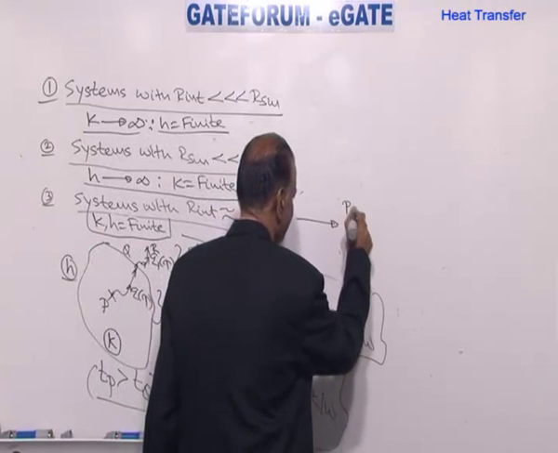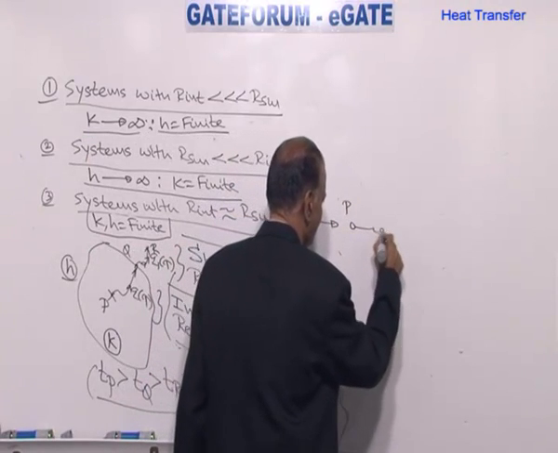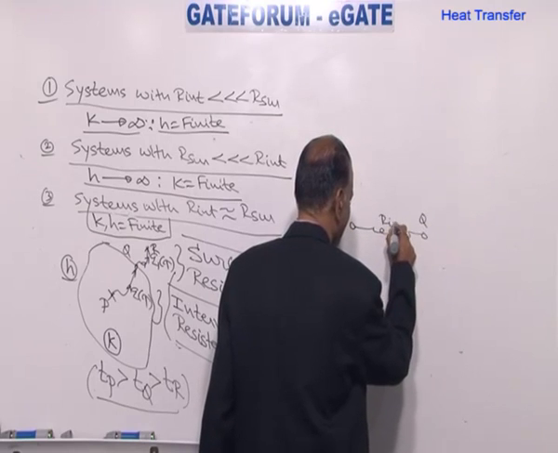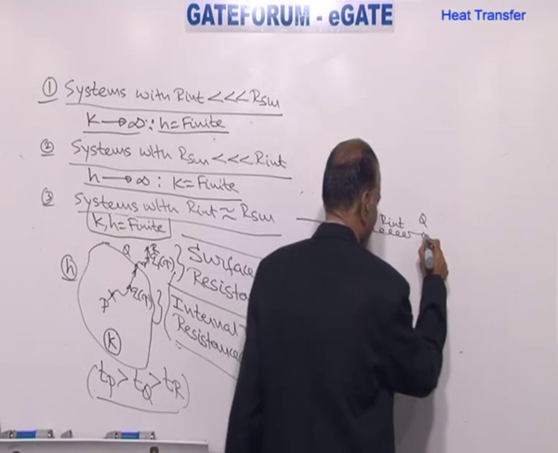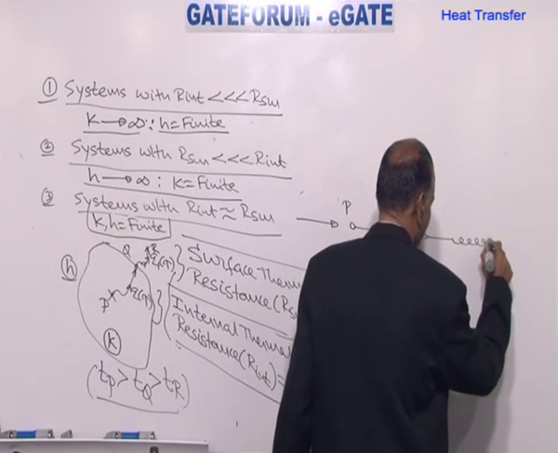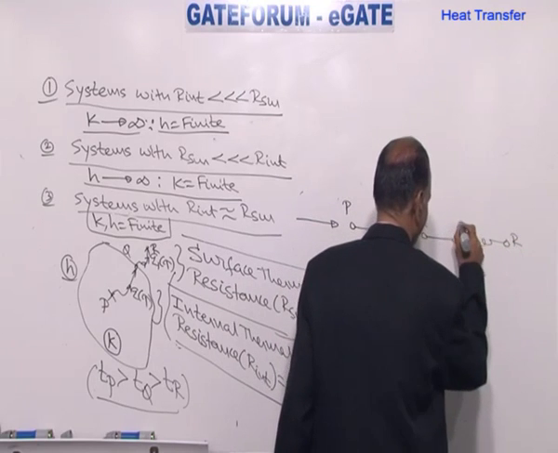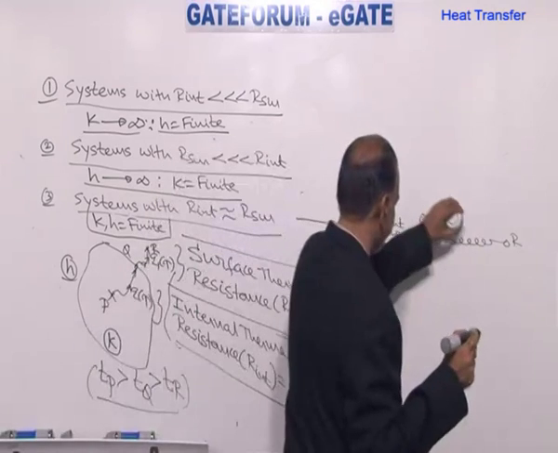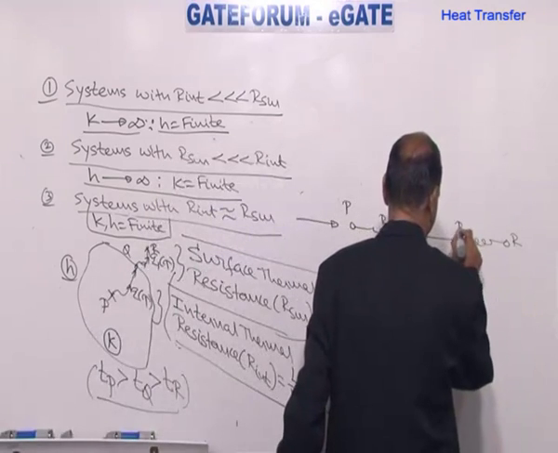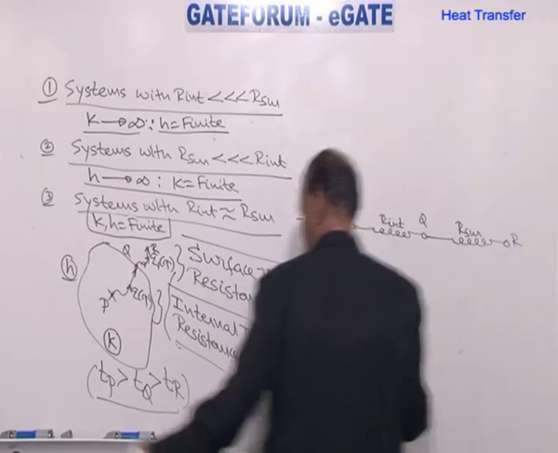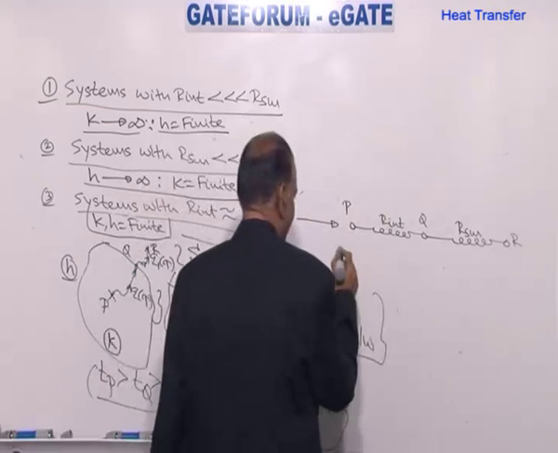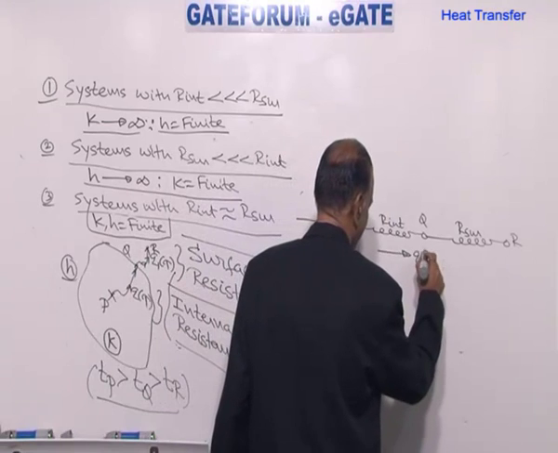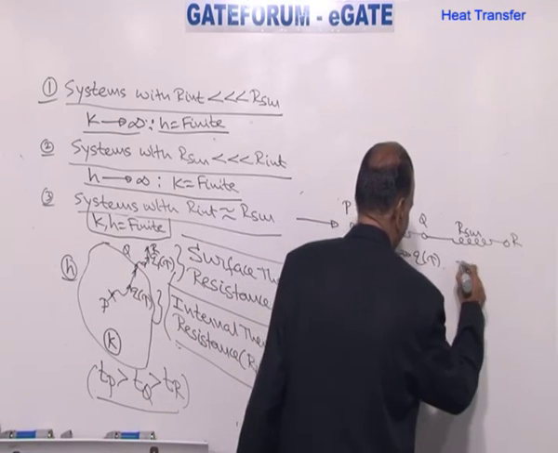We have point P, point Q, between P and Q we have R internal. Point R, between Q and R we have R surface. Conduction taking place at a rate of q tau.